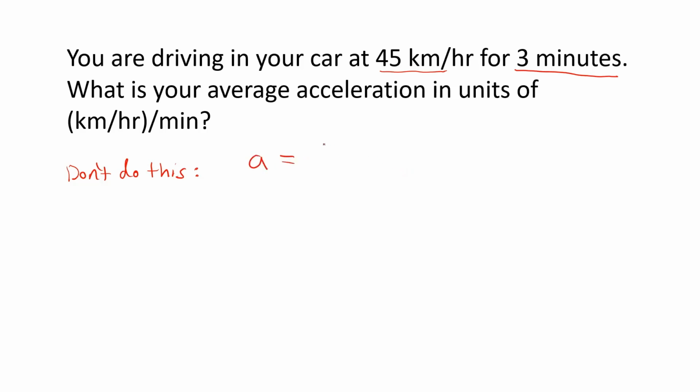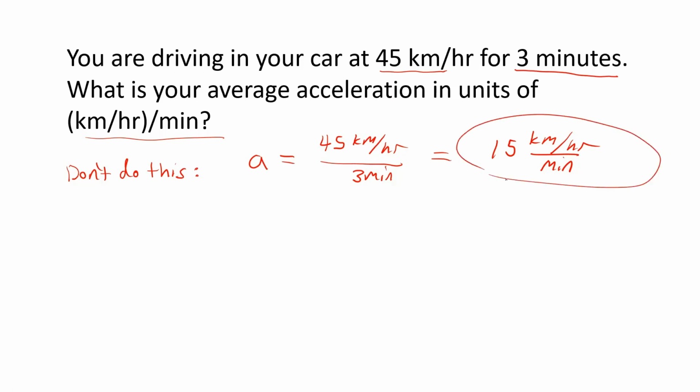Acceleration is related to speed and time. So we simply take the speed, divide it by the time, and that gives us a result that has a number and units that match what they asked for. So we circle that and move on. See if you can spot the error and why you should not do it this way.